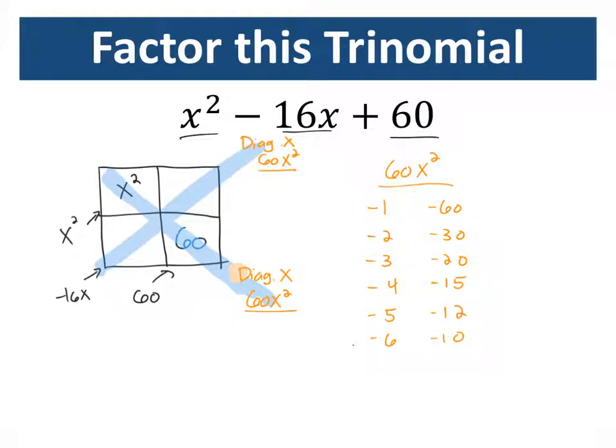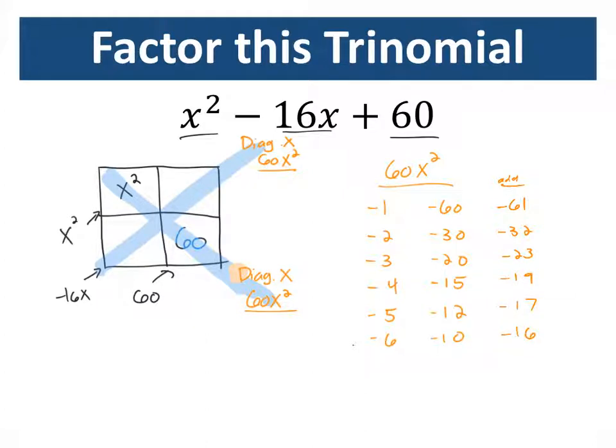So I'm just listing out all of the things that multiply to 60. 60 cannot be divided by 7 evenly. 60 divided by 8 cannot be divided evenly. 60 divided by 9 does not go in evenly. So this is my list. And when I'm adding them up, I get negative 61, negative 32, negative 23, negative 19, negative 17, and negative 16.